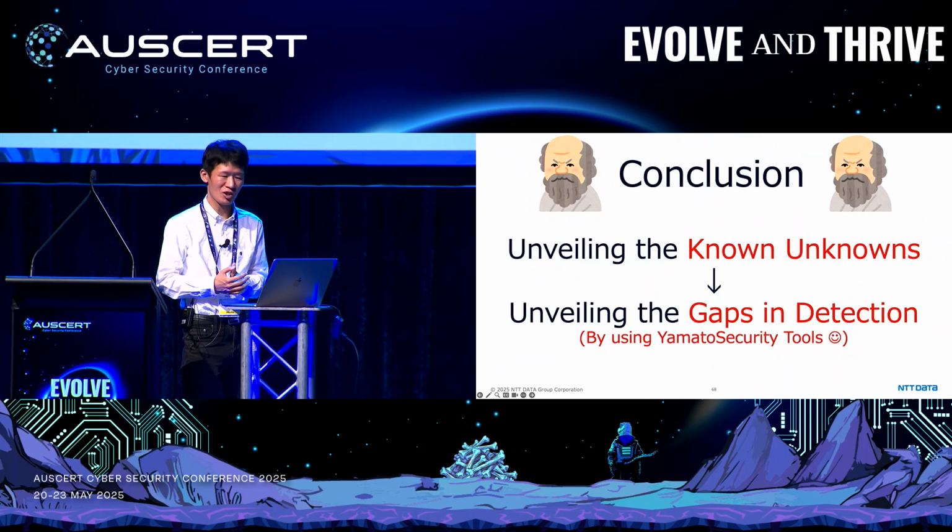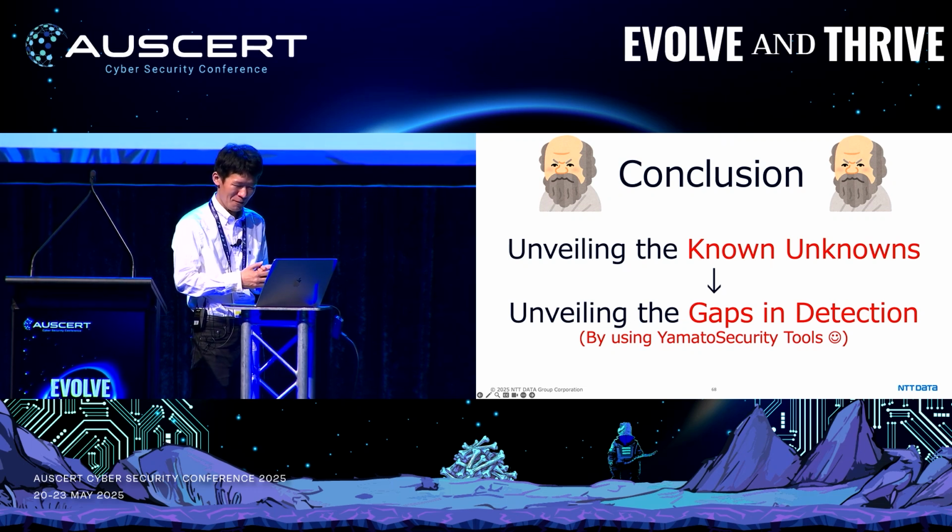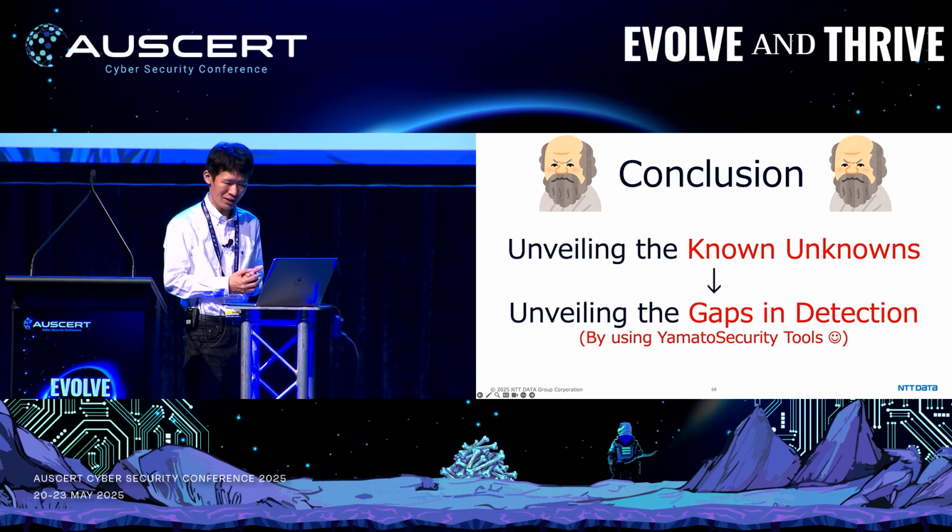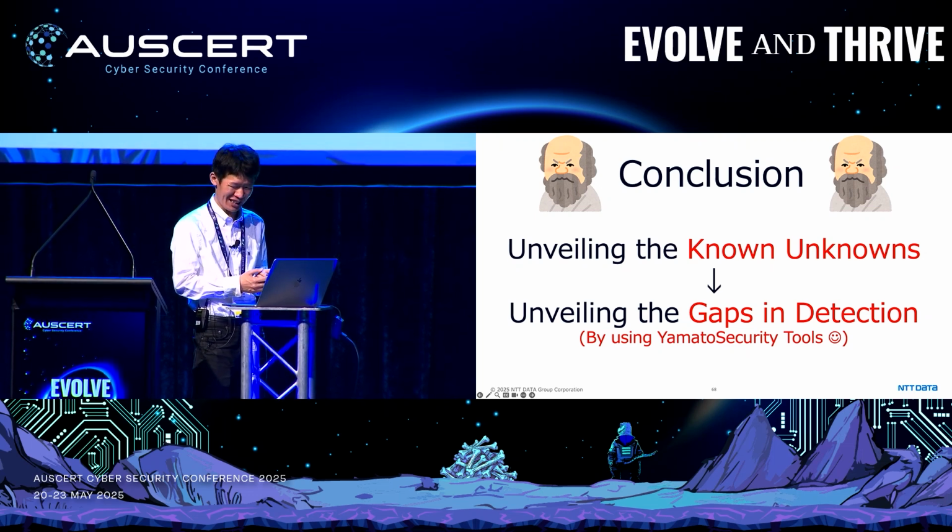With that, I'd like to conclude this presentation by sharing the key message I hope to convey. The somewhat confusing title, Unveiling the Known Unknown, ultimately means unveiling the gaps in detection. In incident response, we often find ourselves investigating machines with default Windows event log settings.